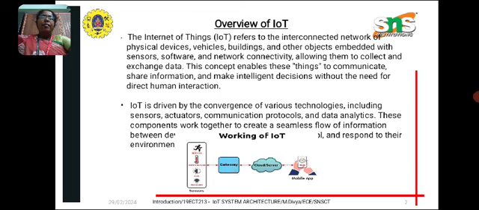IoT is driven by the convergence of various technologies, including sensors, actuators, communication protocols, and data analytics. These components work together to create a seamless flow of data and information between the devices and also to respond to their environment.